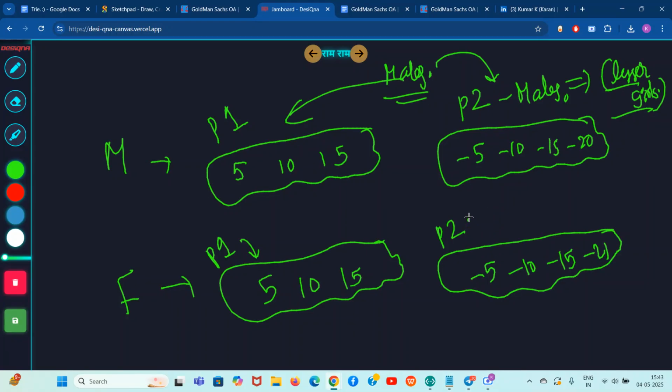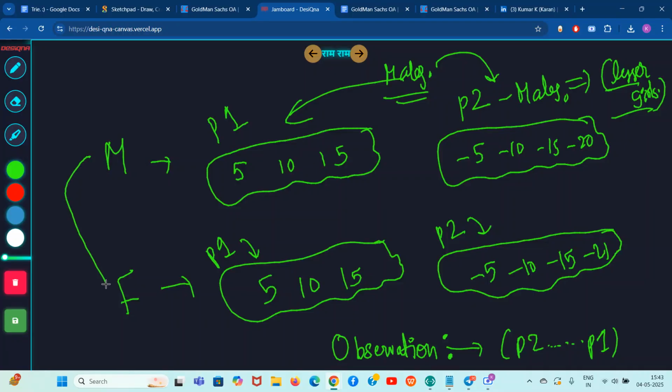Done. Now, guys, the main observation which most people forgot to do is that P2 can only bond with P1. First of all, you know that there will be vertical bonding. Only males can bond with females and females can bond with males.